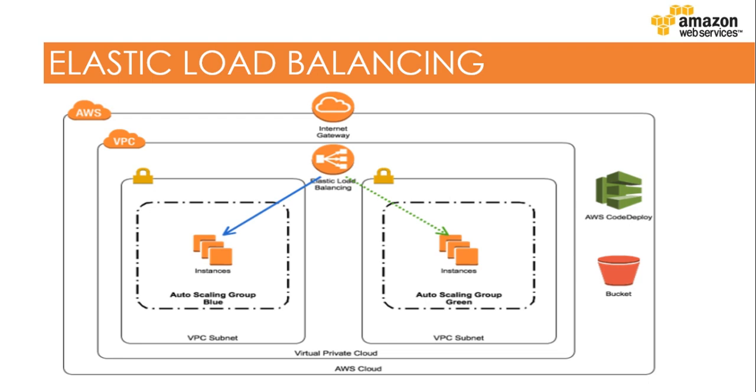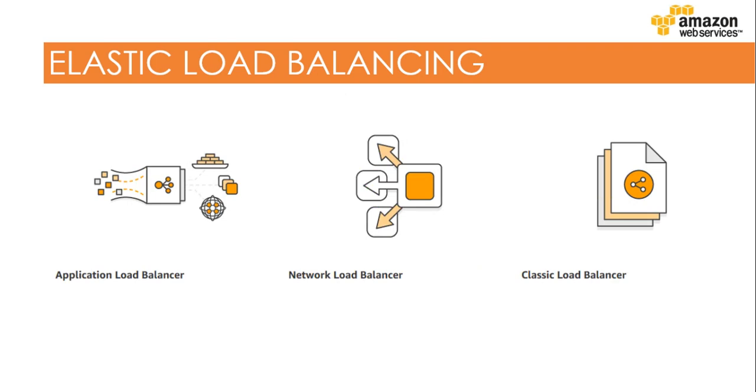We get a DNS record, and with its help the application will be accessible over the internet or intranet, internet facing or internal, or we can attach an ELB or ALB to Route 53 and we'll be able to access it. Again, in Elastic Load Balancing we have three categories: Application Load Balancer, Network Load Balancer, and Classic Load Balancer. We have already talked about these in more detail in previous sections.